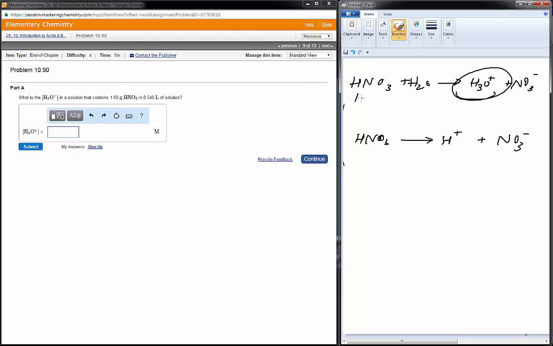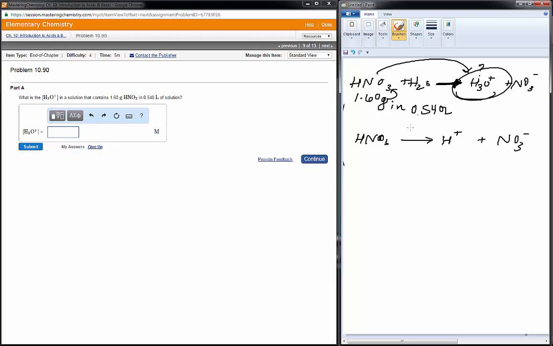But let's say I've got 1.60 grams of this in 0.540 liters of solution, and they want to know what the H3O+ concentration is. You've got this reaction to follow, and this is a strong acid, so you know it goes to completion. What we're going to do is convert from grams of this to moles of that, and then moles of this to moles of that, and then they want molarity, which is moles per liter.